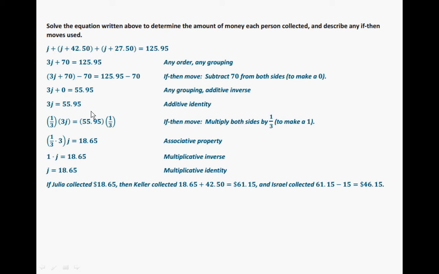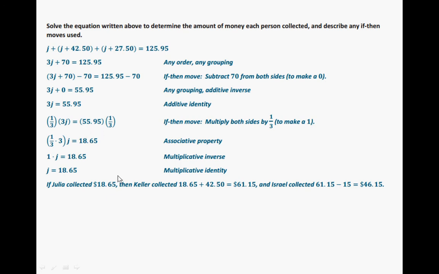equals 55.95. And then here is where you can branch off if you don't want to multiply by the reciprocal of 3, which is 1/3. You can show that you are dividing by 3, which is essentially the same thing. So since they're going by the associative property and multiplicative inverse, that is where you get 55.95 times 1/3.